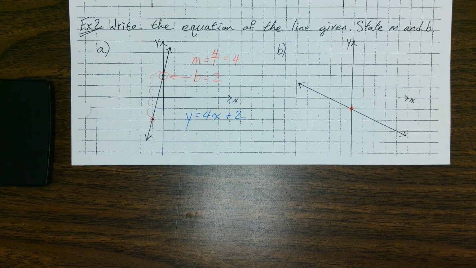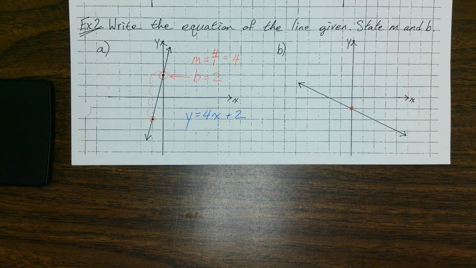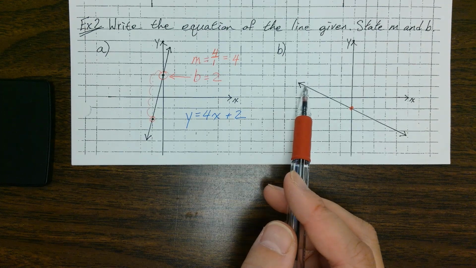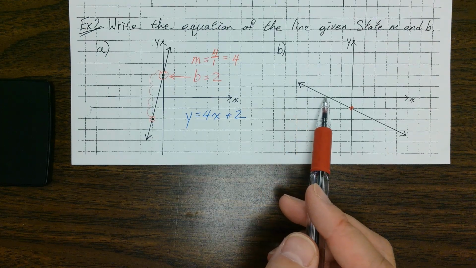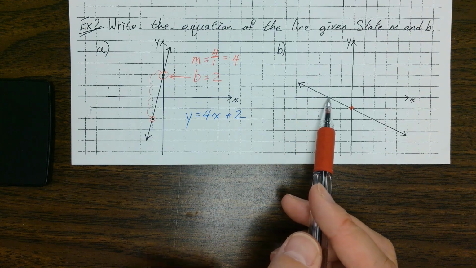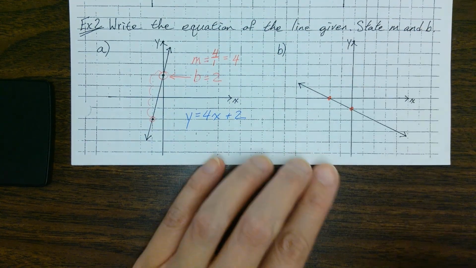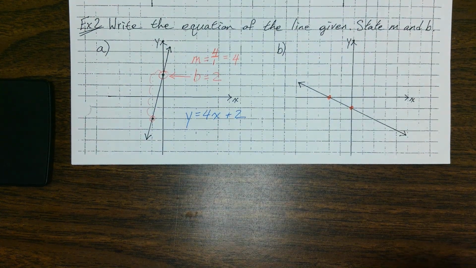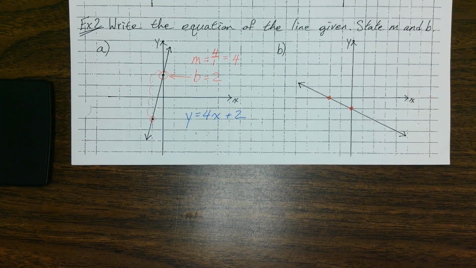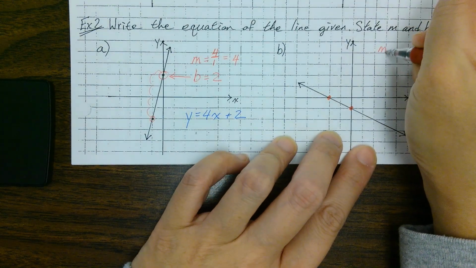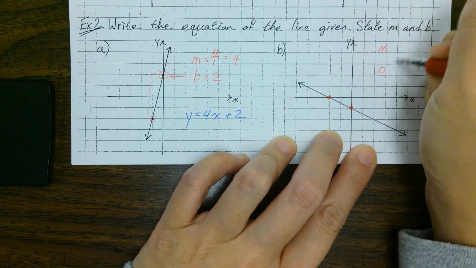That's 1 point definitely. The other one, which one? What is this point? X-intercept. Do you have to use the x and y-intercept? No. But for this one, it looks like 2 nice points to use. So what is my m and what is my b?